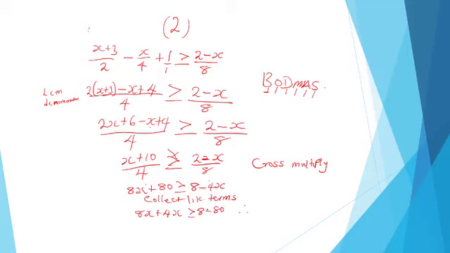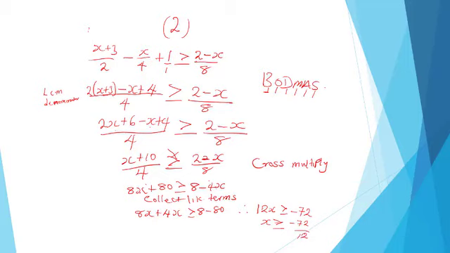So therefore our inequality becomes 8x plus 4x is 12x to be greater than or equal to 8 minus 80, which will now give us minus 72. So the value of our x is now greater than or equal to minus 72 over 12.